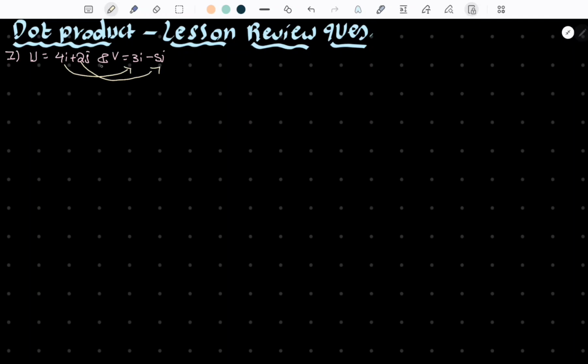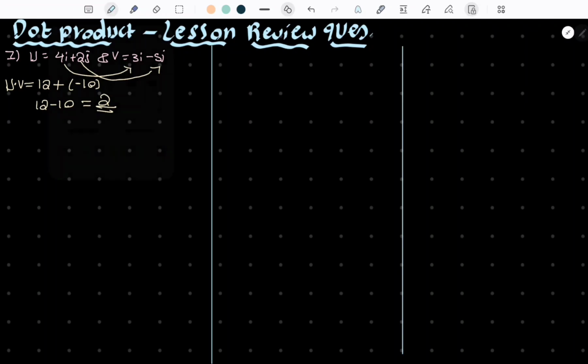So 4 times 3 is going to be 12, plus 2 times minus 5 is going to be minus 10, which will be equal to 2. So the dot product will be 2.